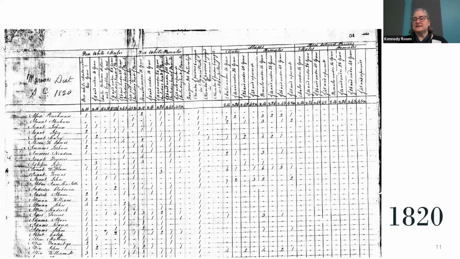And then the same categories for free colored persons, and then all other persons except Indians not taxed. So Indians get into very strange categories depending on whether they are living on sovereign land with tribal land, or if they are living in the larger community. So they might be counted in one place, they might be counted in another place.